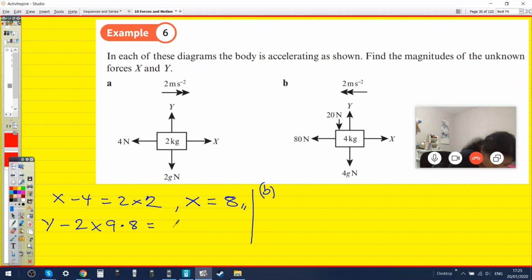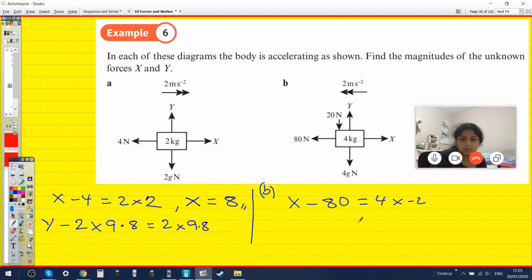X is 72 newtons. And okay. If it's not accelerating downwards, do you just not put anything for A?